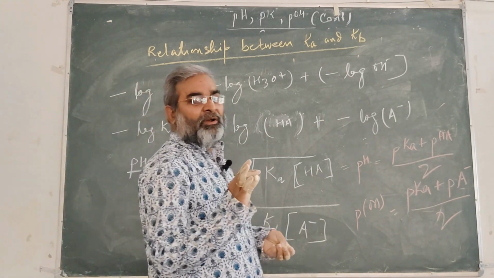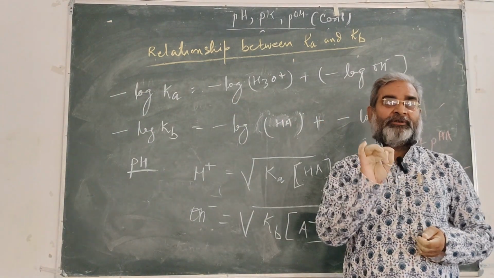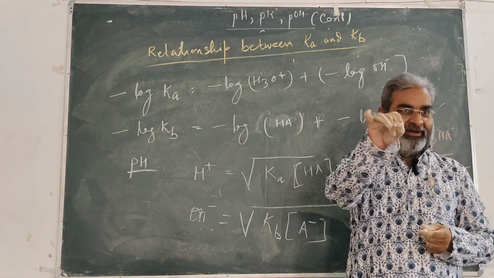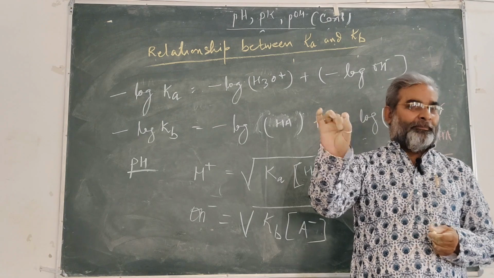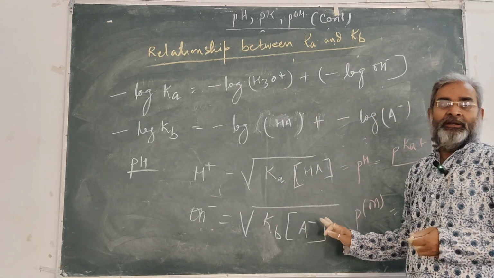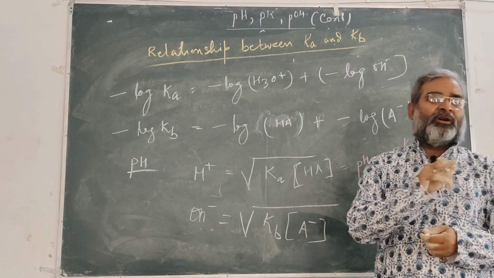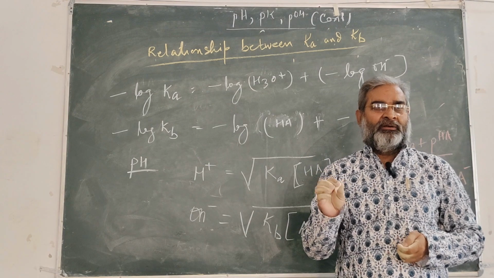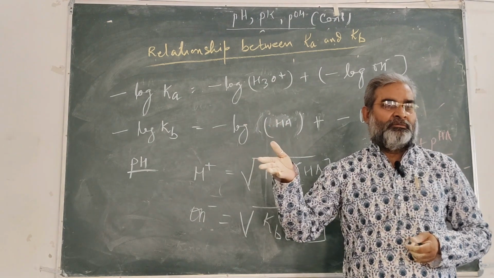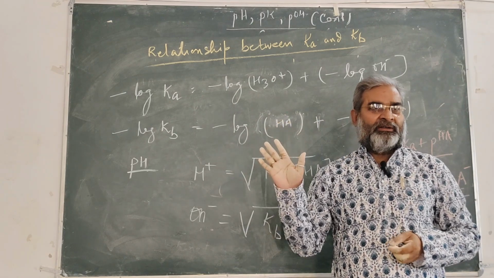It is for the weak acid and weak base. If in your question it is asked that X is the weak acid or X is the weak base, then you use this formula only. Otherwise, if it is not mentioned that it is weak, you directly use the 100% ionization value. Clear? यहाँ तक में कोई दिक्कत नहीं है.